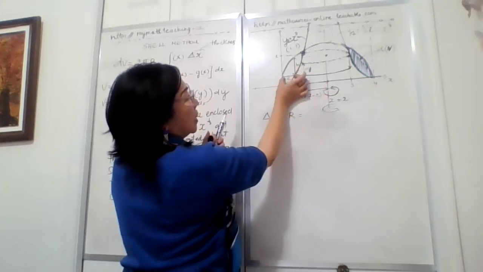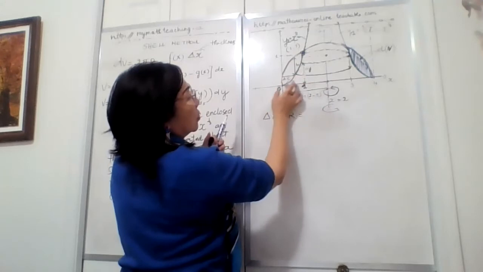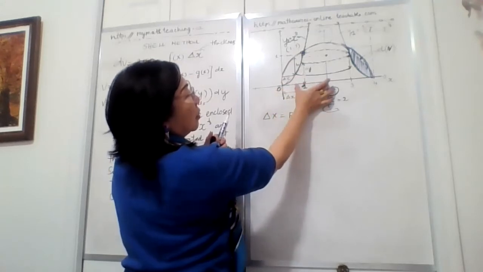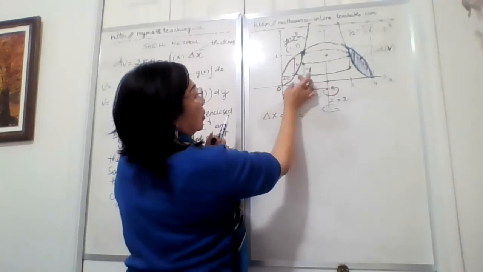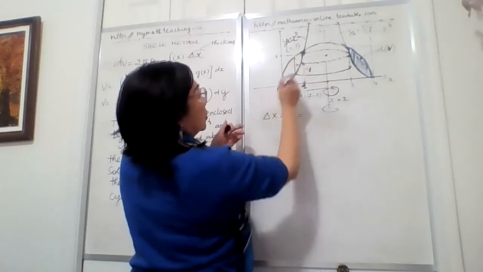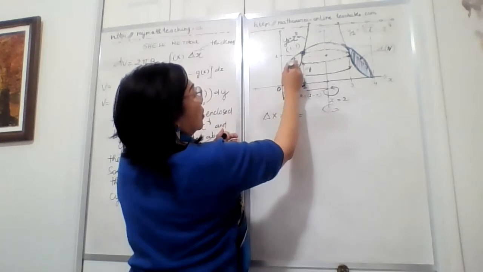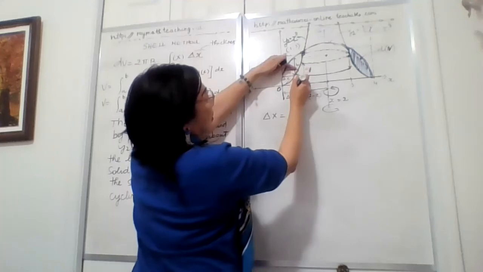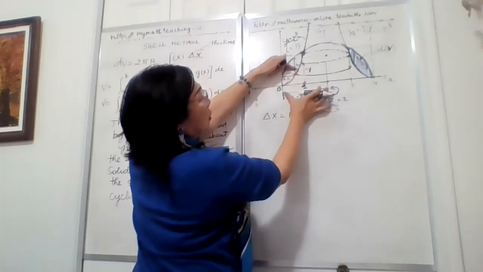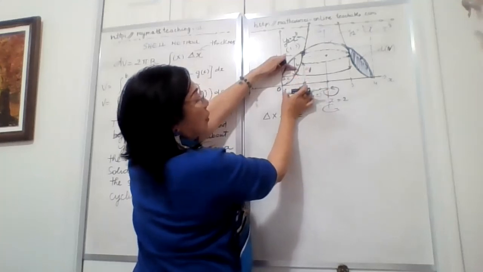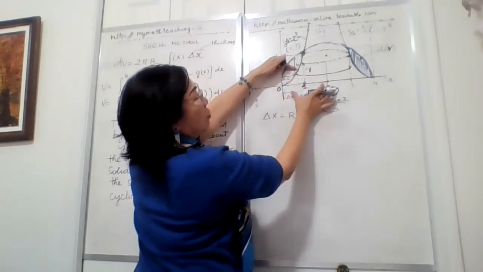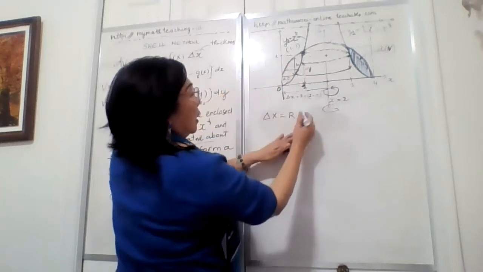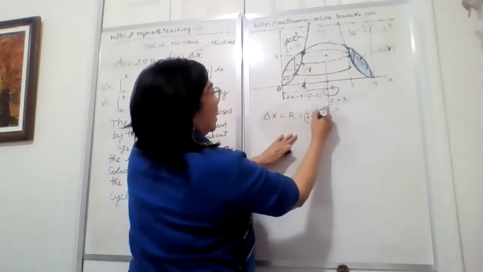So if this x is up to here, then 2 units minus this x gives the radius of the cylinder. And if our x goes up to here, according to the shape of the region, this x coordinate is still 2 units subtract whatever x is in here. Therefore the radius equals 2 minus x.